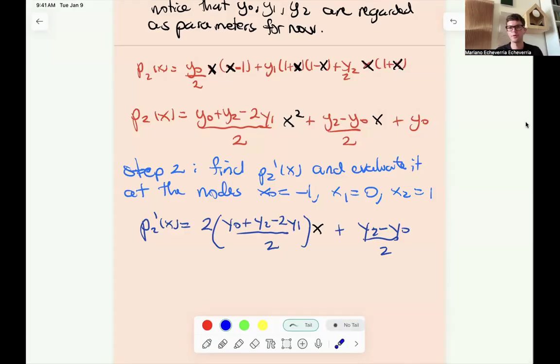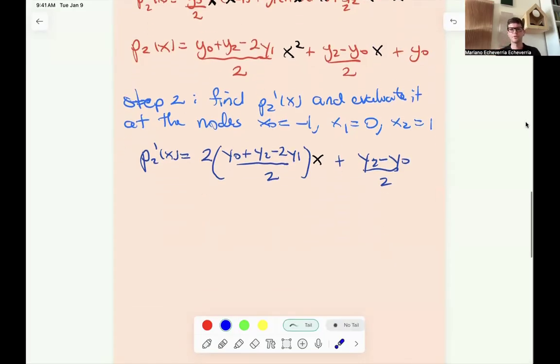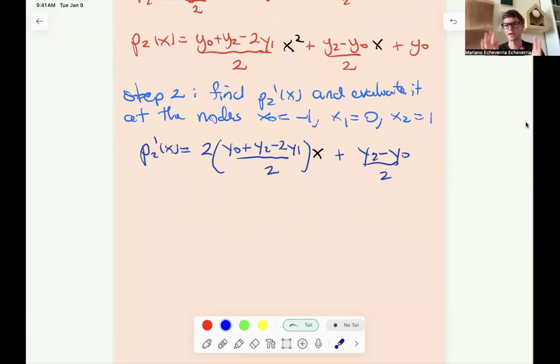And now I'll evaluate it at each node. I'll try to use 3 different colors for that. The first node is -1, so I will evaluate this at -1.